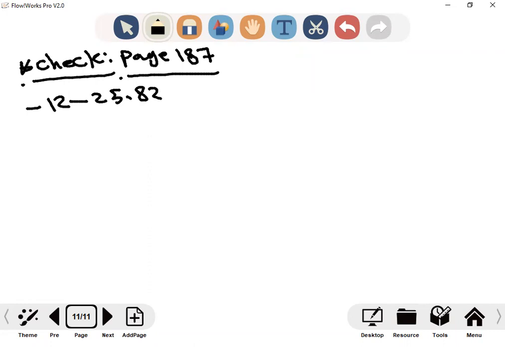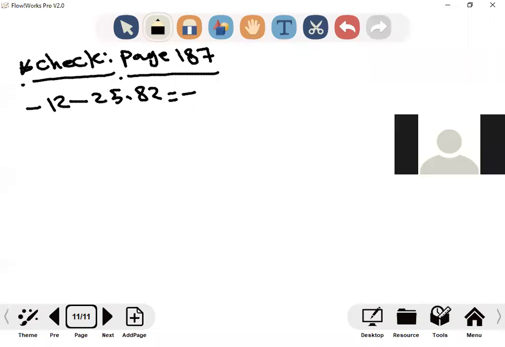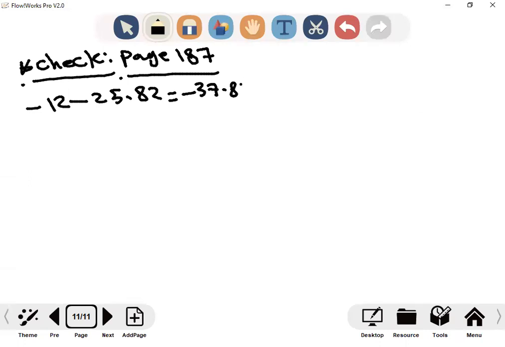To find the total amount she spent, we need to find how much she spent in all. We have similar signs, right? What do we do? Add and keep the same sign. Negative, and we add 12 with 25.82. It will be 37.82.